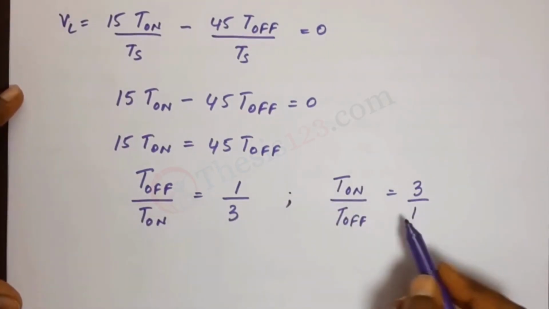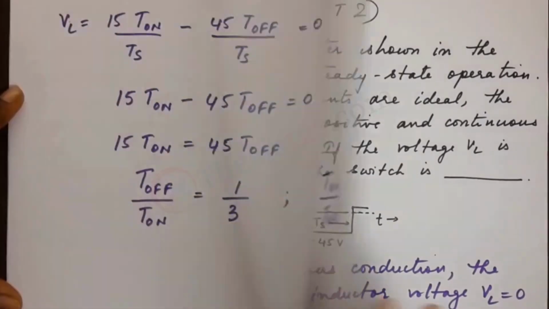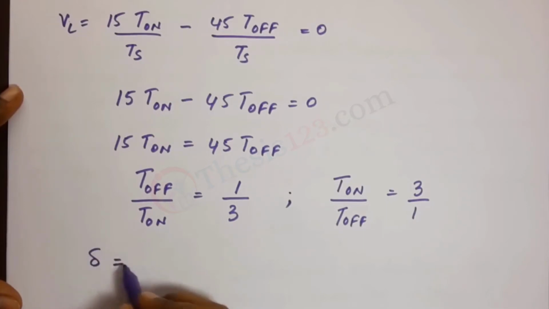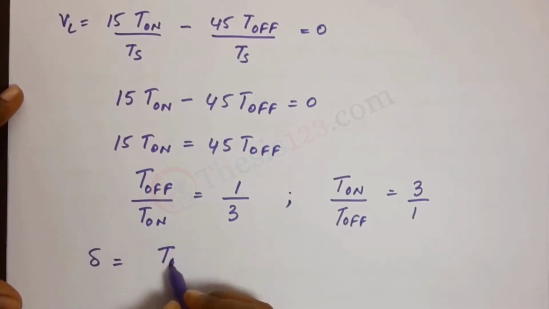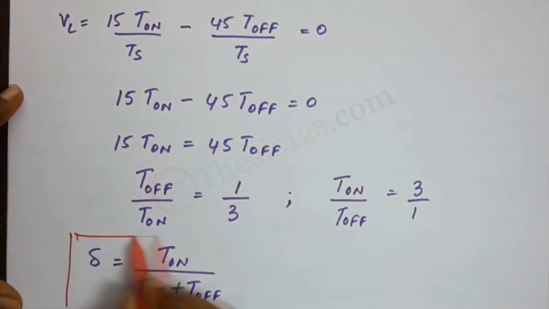It doesn't really matter which one you take, because either way the next step is to find the value of the duty cycle. So we will use either one. Now the duty cycle delta is given by the expression T on divided by T on plus T off. Note this equation as well, quite important.